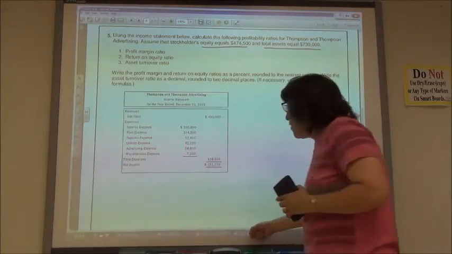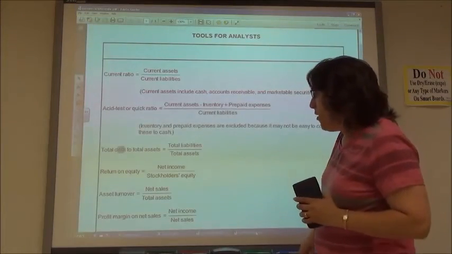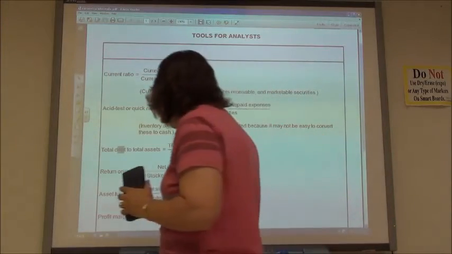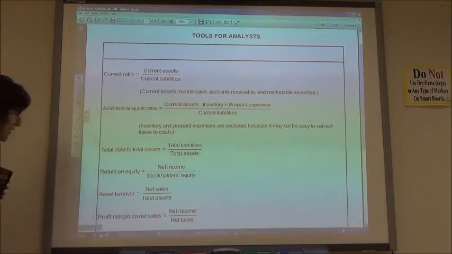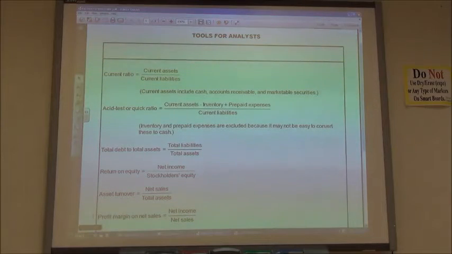So going over to our formulas, profit margin ratio, profit margin on net sales, which is down here. We're going to take the net income divided by the net sales.